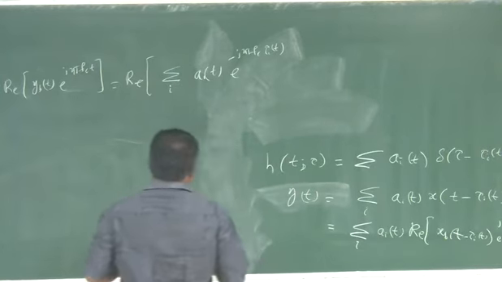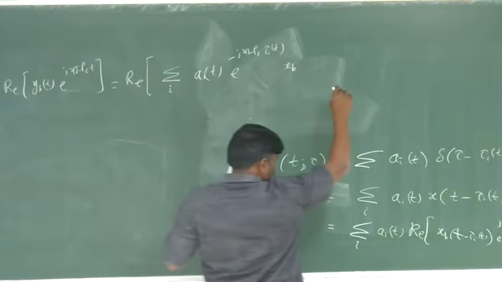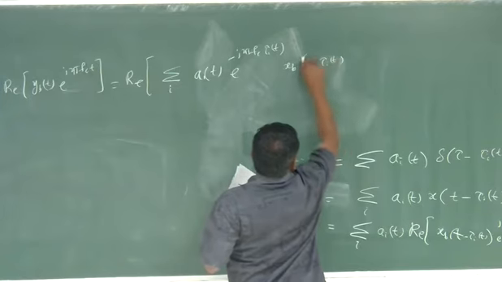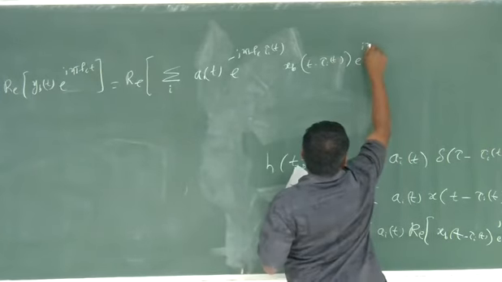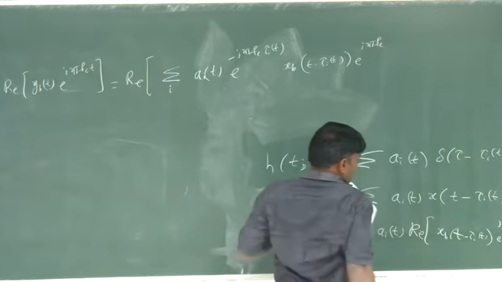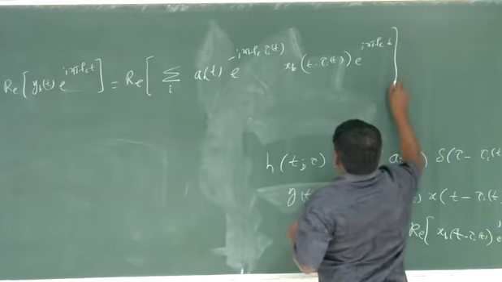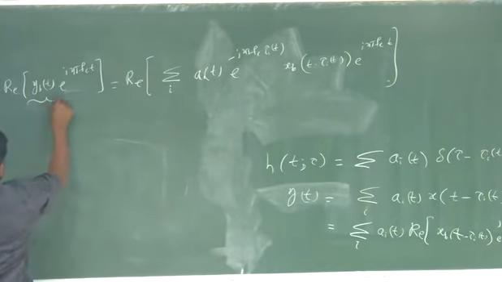What else is left? x_b of t minus tau_i of t, multiplied with e raised to j 2 pi f_c t.